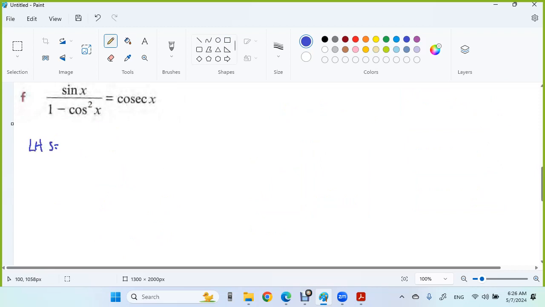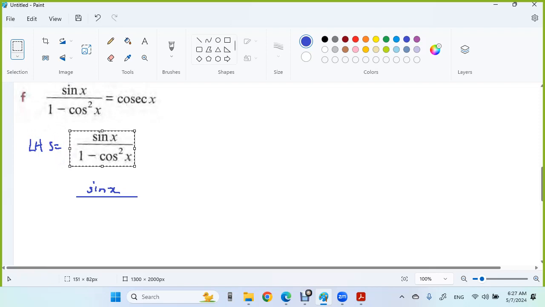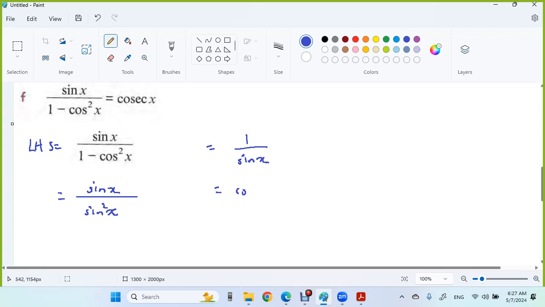So the left hand side is the sine x over 1 minus cos x equal to this. Okay, then this one will equal to this, then 1 over sine x, then this is the cosecant x, right hand side.